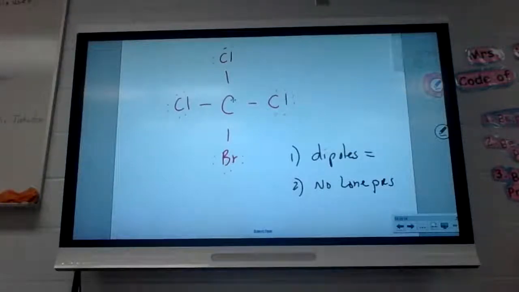It doesn't meet the first one. Why not, Allie? Because it's not the same element, like between all the ones. That's right. It's not the same elements.